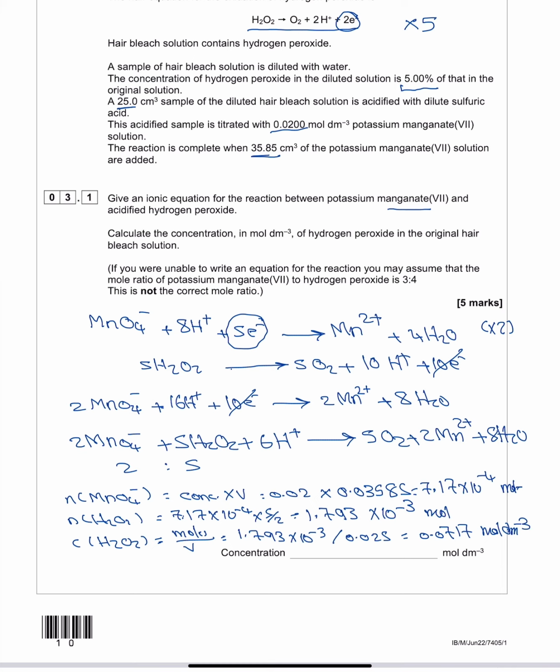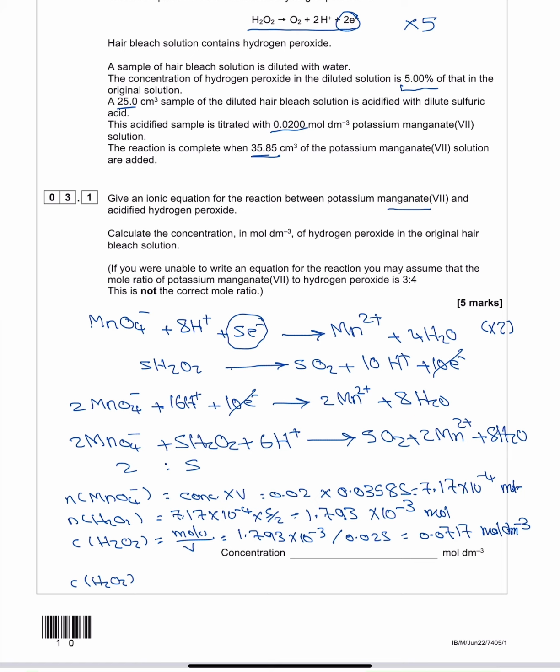So now we need to find the concentration of the hydrogen peroxide in the original solution. So this 25 centimeter cube is actually diluted from the original 5% hydrogen peroxide.